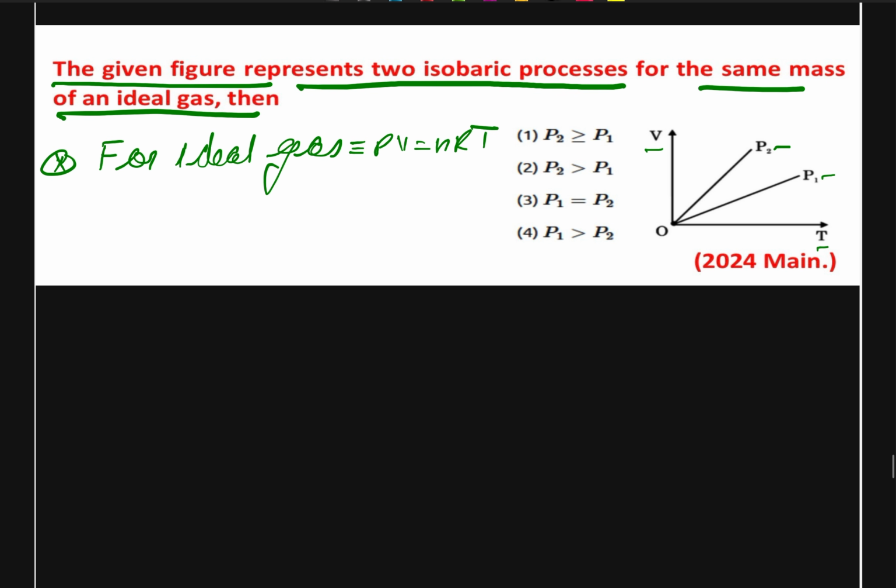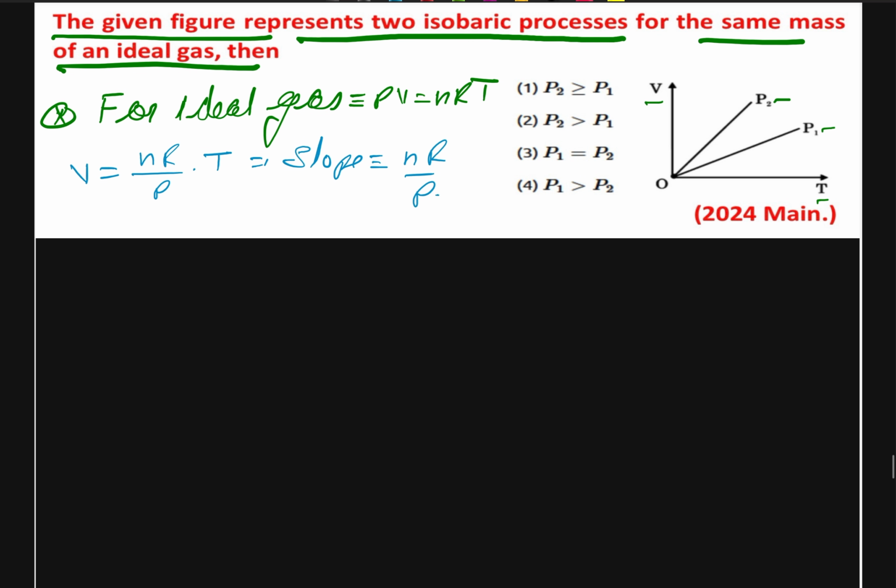So from here we can write that the volume will be equal to nR upon P times T, and therefore the slope will be equal to nR upon P. n and R both are constant, so therefore we can write that the slope is inversely proportional to P.